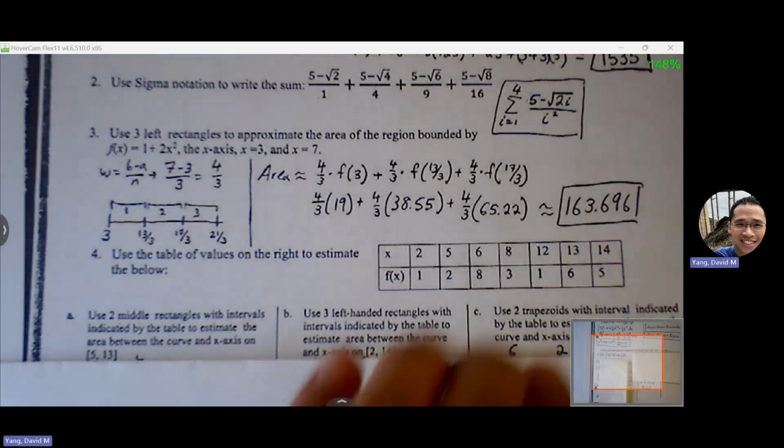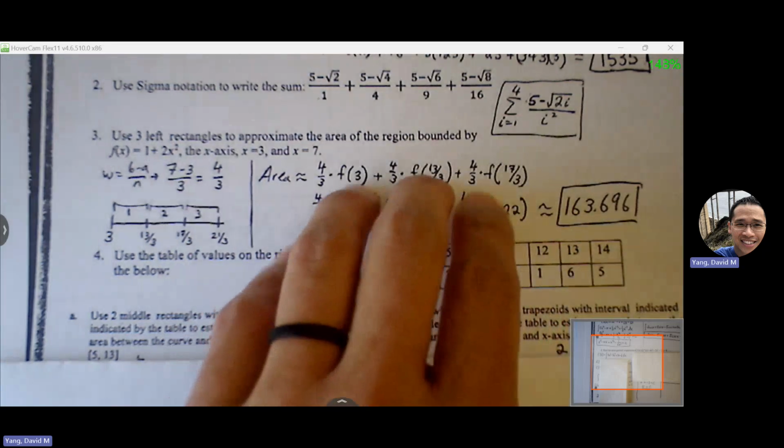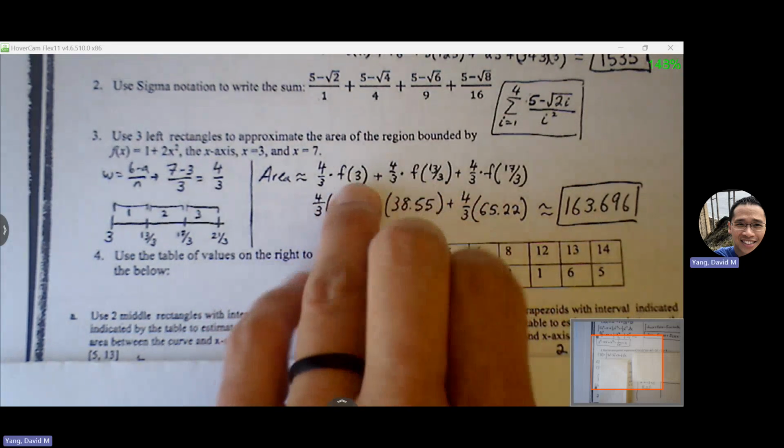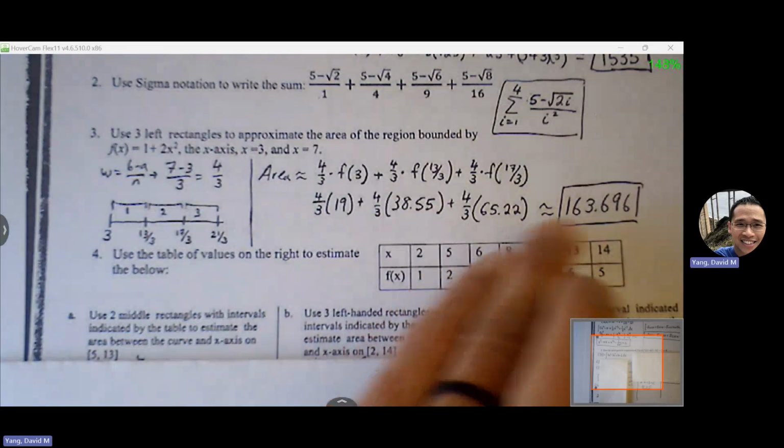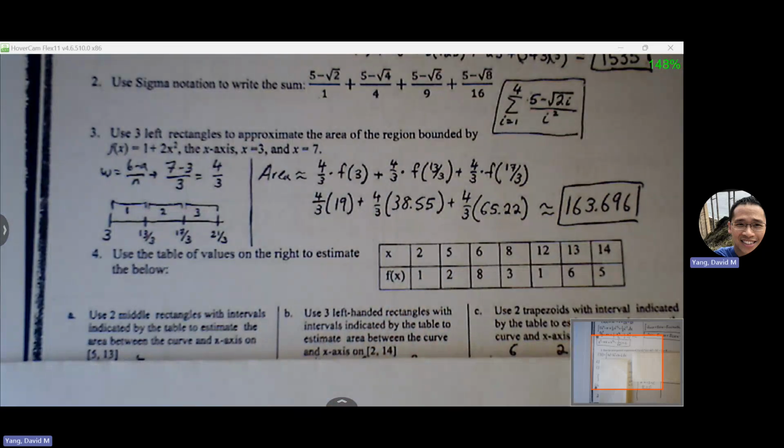And then once you set up your function notation, that represents the width and height, and the rest just plugs into your calculator, into the function, to get those physical heights that you can use to approximate your area.